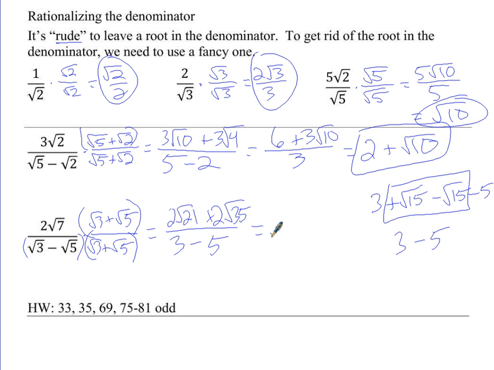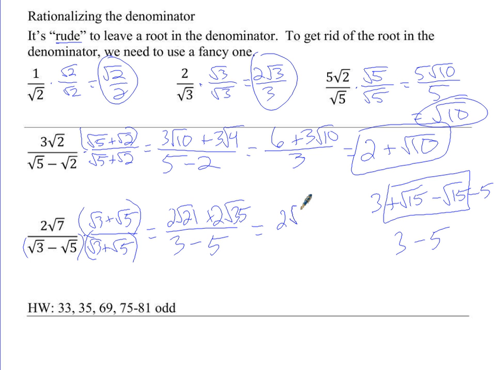Does 2 root 21 simplify? If it did, there'd be a perfect square in 21, and there isn't. 7 times 3 doesn't work. How about 35? Is there a perfect square in 35? 5 times 7? Those are your factors. Neither of those are perfect squares. So no, that doesn't simplify, but the bottom does.